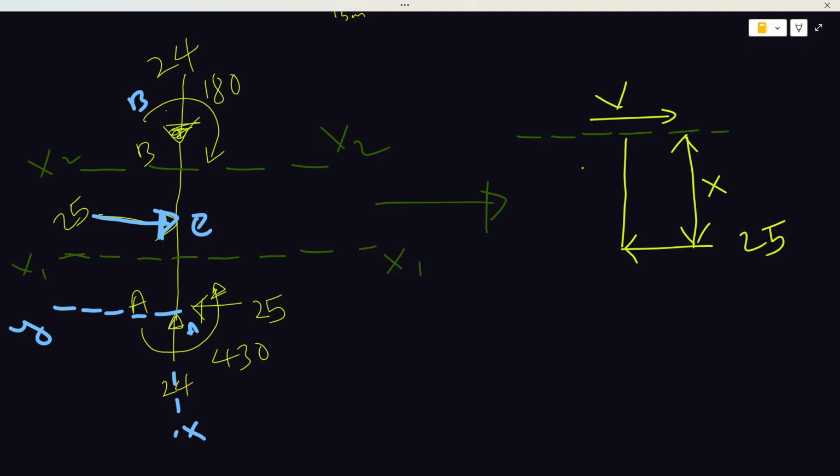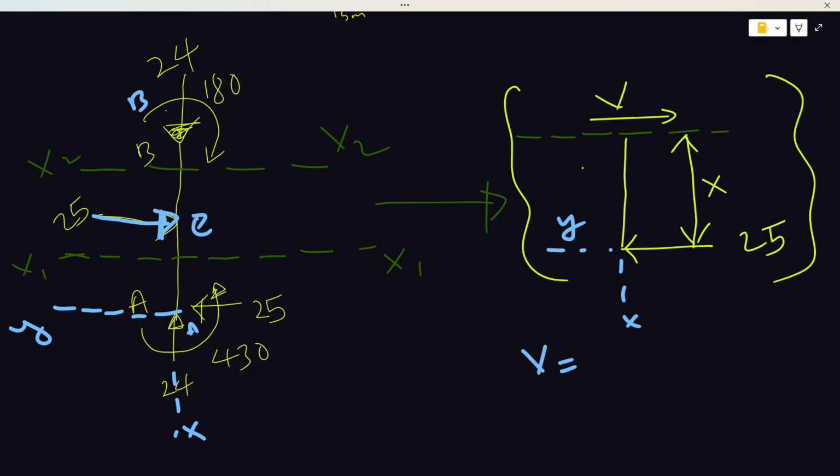So one way to go about sectioning is to apply the equilibrium equation to this free body diagram by saying upward is equal to downward. Once again, you should know that this is X and this is Y. So when I say upward is equal to downward, I'm considering the Y direction. So V is equal to 25 when we apply the equilibrium equation to this free body diagram.